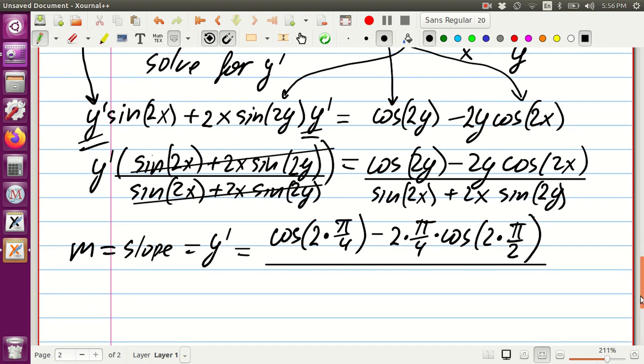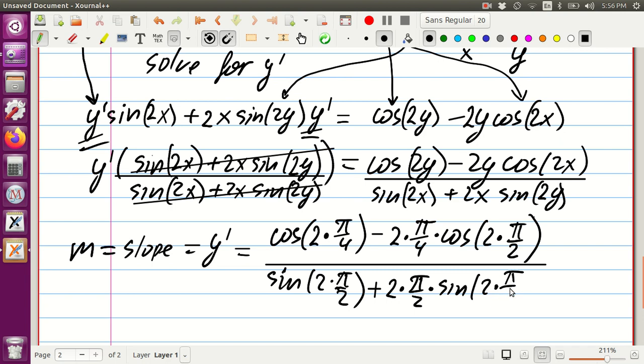In the denominator we have sine of 2 times x, and x is pi over 2, plus 2 times x, which is pi over 2, times sine of 2y, and y is pi over 4.